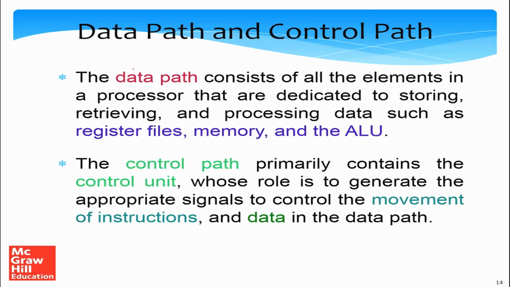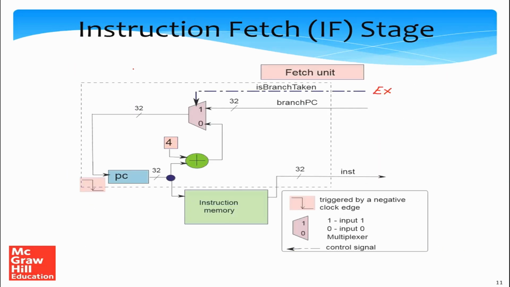So if you see the IF stage, you can see that there are two inputs which are coming from the EX stage. One is the branch PC and one is this branch taken. So essentially we are making a choice between PC plus 4, which is the default next PC, and the field called branch PC, which is essentially the target of the branch for a taken branch.